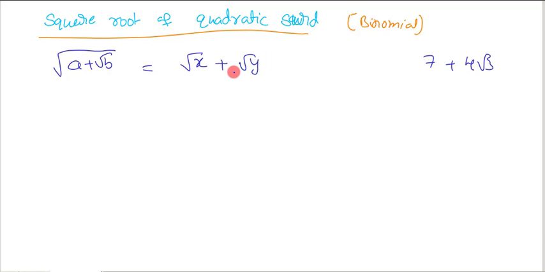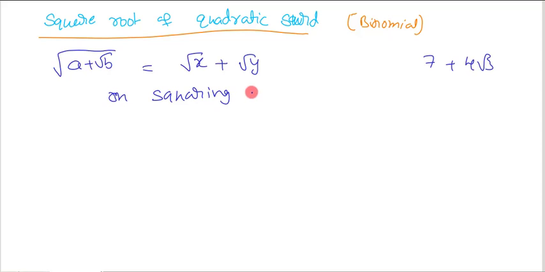So if you want to find the square root of any binomial quadratic surd, you need to suppose its square root is in the form of root x plus root y. Now we need to apply squaring on both sides.